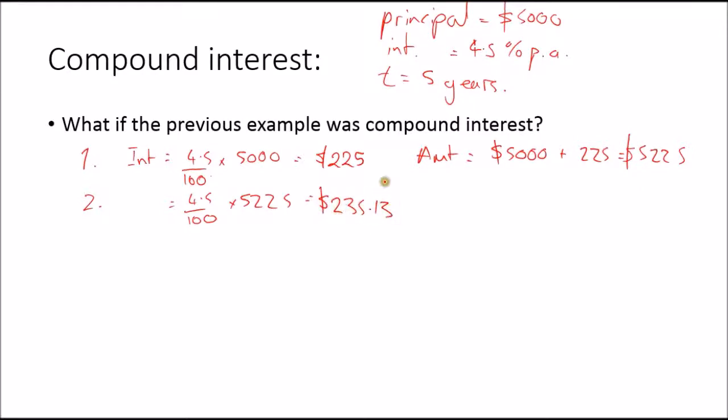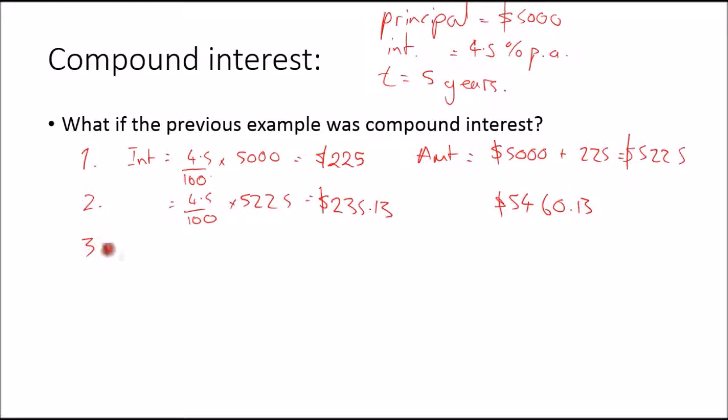Okay, so now we've earned another 235.13, so I'm going to add that to my original amount, so plus 5225, and I've got an amount now of 5,460.13.